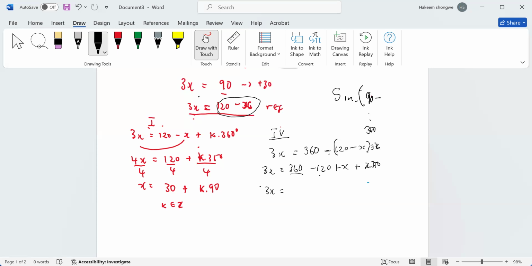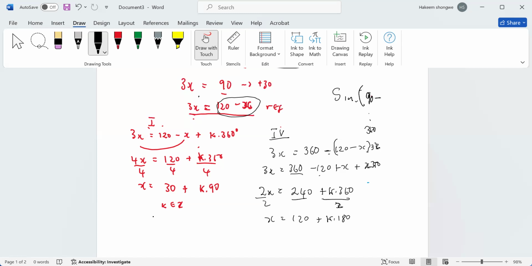So we're going to have 2x, which is equal to 360 minus 120, which is going to be 240, plus k times 360. Then we divide by 2. We're going to have x equal to 120 plus k times 180.